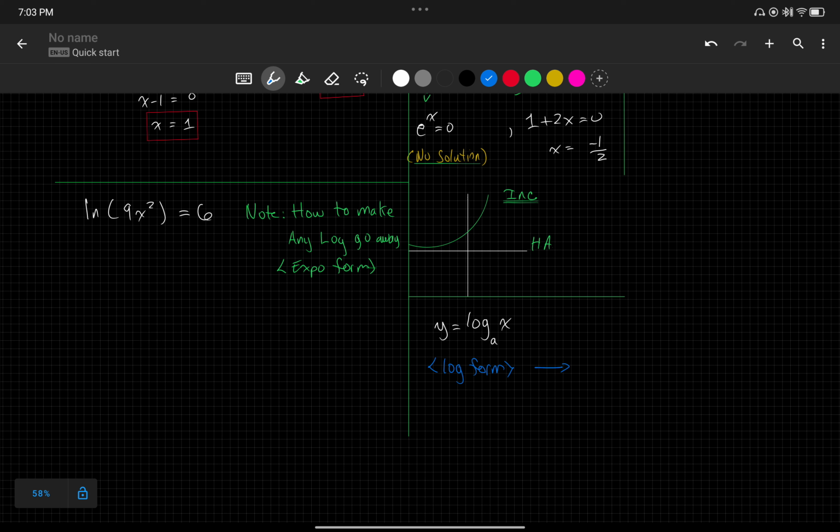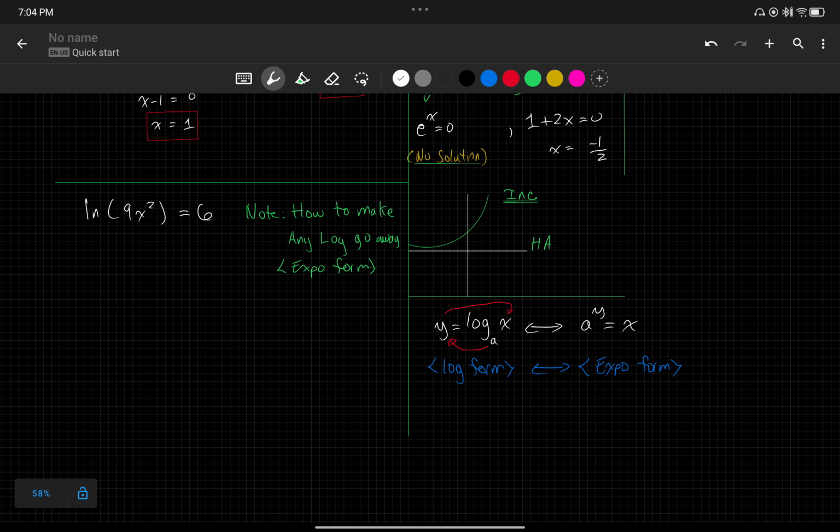And if you're going to switch it over to exponential form, well, how does this work? When I learned it a long time ago, I learned it with little arrows. The base to the power has to equal x. So following the arrows, a to the power of y has to equal x. And that's how you switch it over.